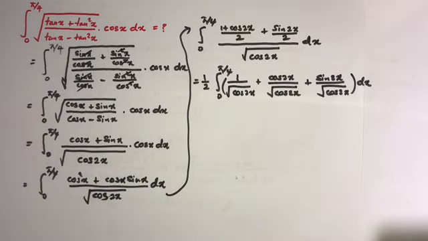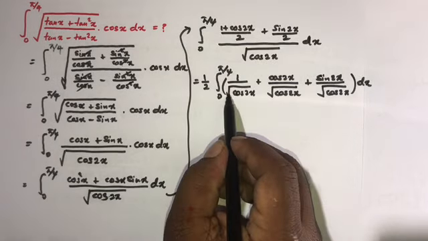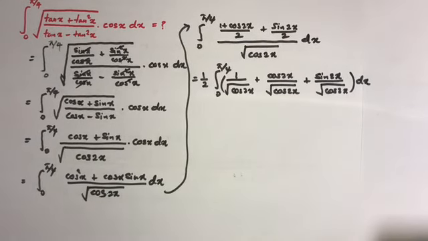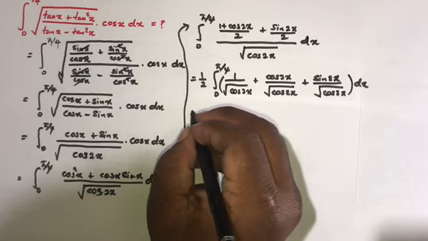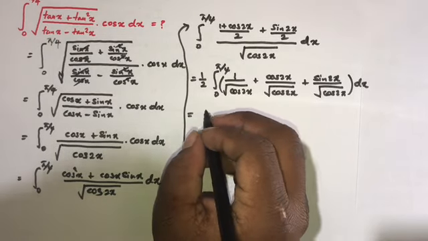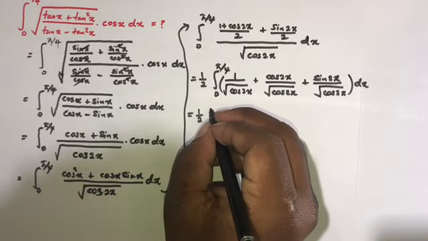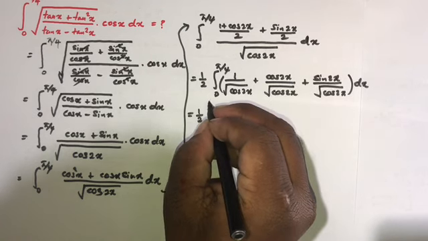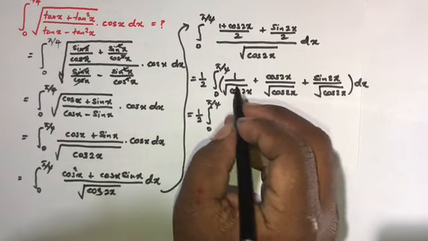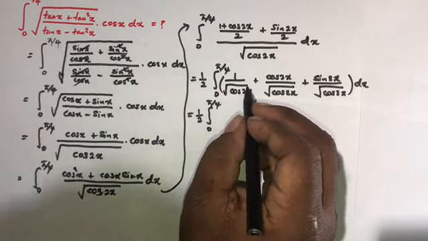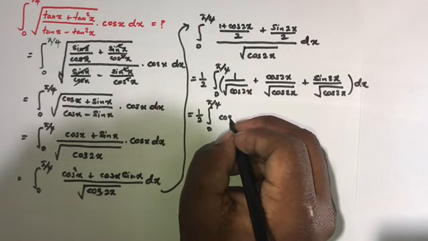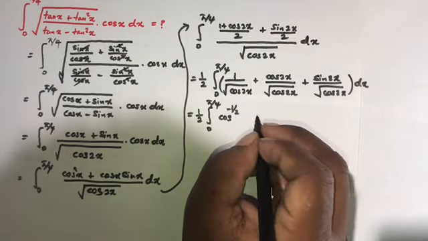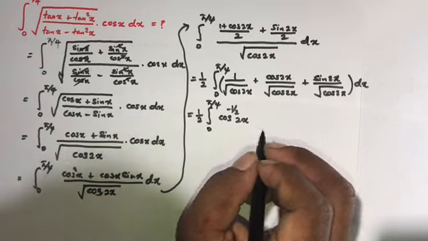Well, then here this square root sign we can remove. So we can write here 1 half integral from 0 to pi over 4. Now this is equal to cosine to the minus 1 half of 2x.